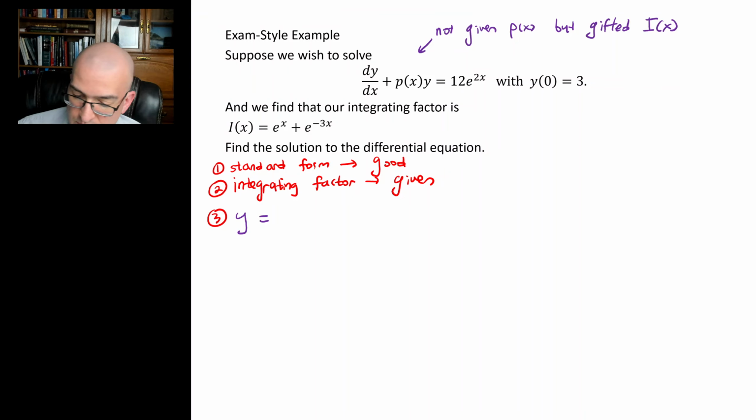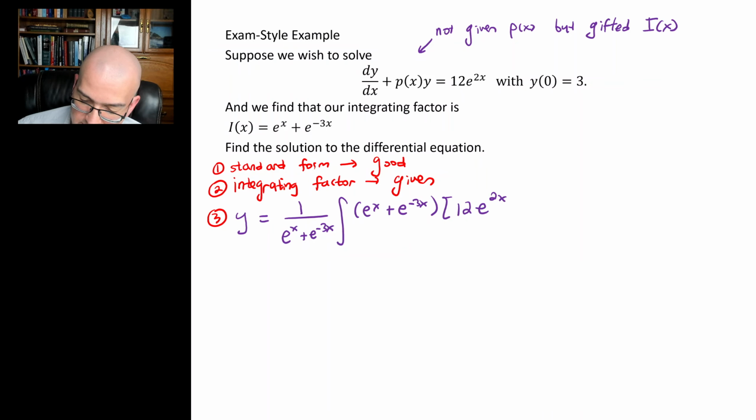Y is equal to 1 over integrating factor, 1 over e to the x plus e to the negative 3x, times the integral of integrating factor, e to the x plus e to the negative 3x, times 12 e to the 2x dx.